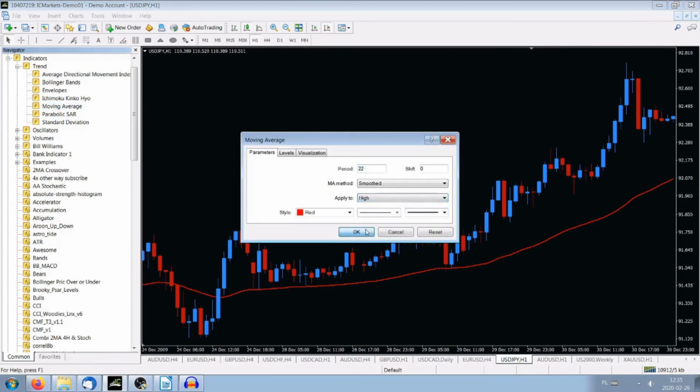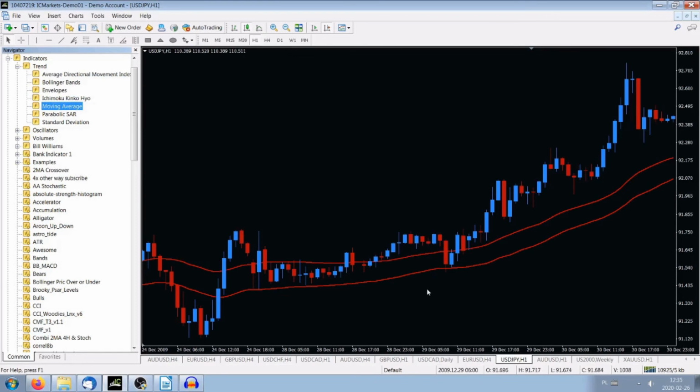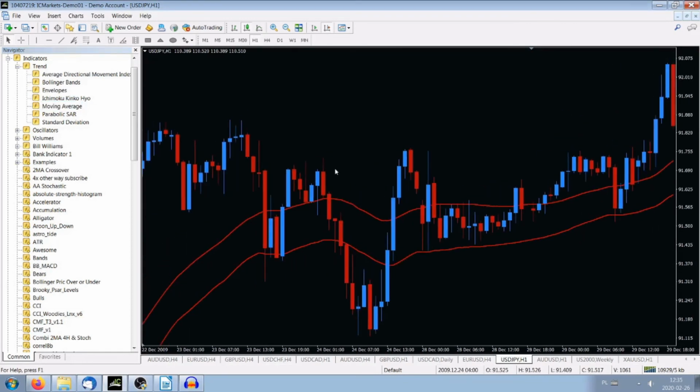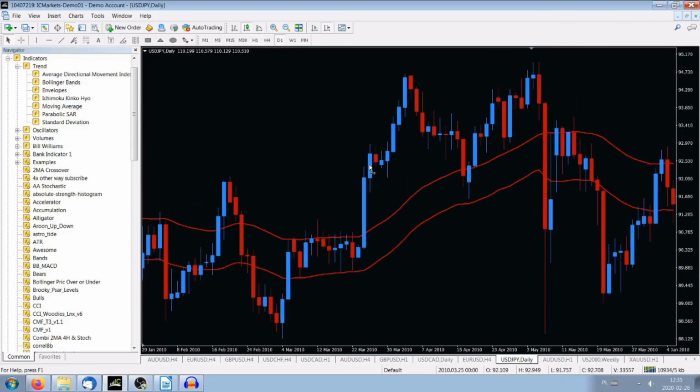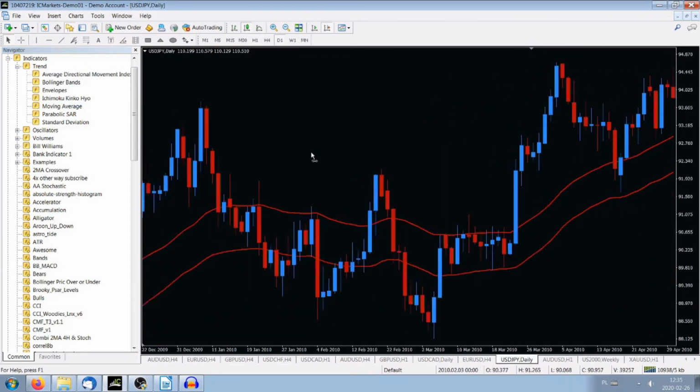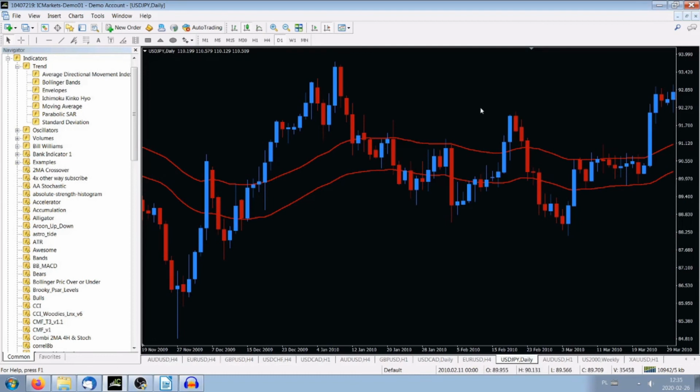If it works, it works. We are on the H1 chart, but let's go to D1. Every time the price crosses, you just sell or buy.